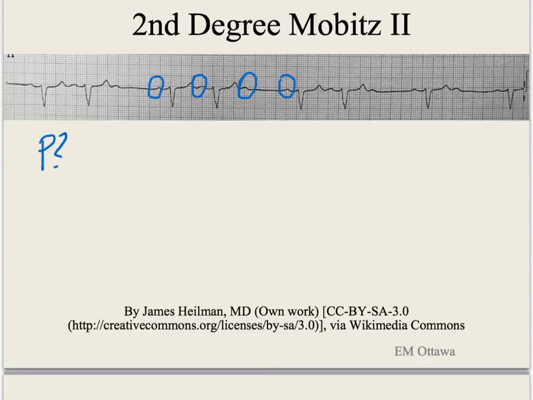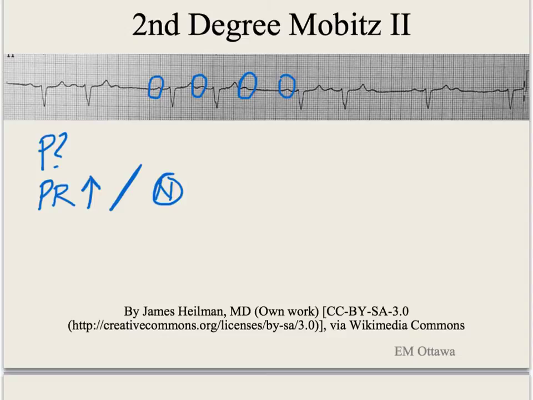Is it long or is it normal? On this strip, the PR interval is long. Although it doesn't have to be in all second-degree Mobitz type 2, sometimes the PR interval is normal. Compared to the previous Mobitz type 1, you can see that the PR interval does not change. It does not become longer.